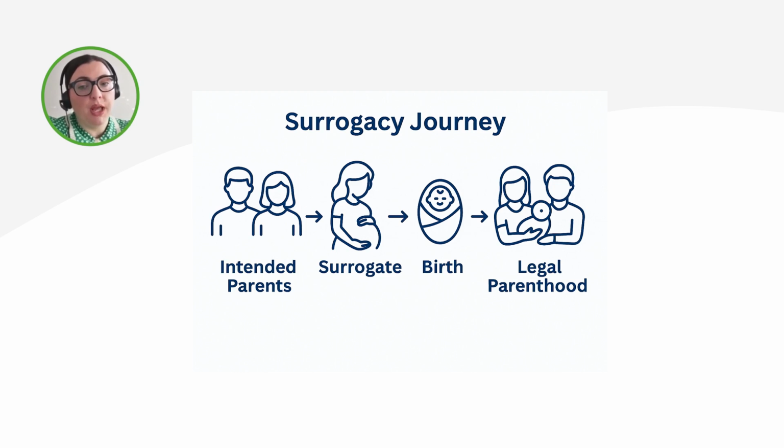Once the baby is born, the route to legal parenthood is through a parental order, which is what today's webinar will be going through. And whilst it is similar to adoption in that it extinguishes the parental status of the surrogate and her husband, if applicable, and places it in favour of the intended parents, the key difference between a parental order and an adoption order is that an adoption order replaces parental status when birth parents are unable to care for the child for whatever reason, whereas the parental order is intended to reflect the parental status as it always was intended.